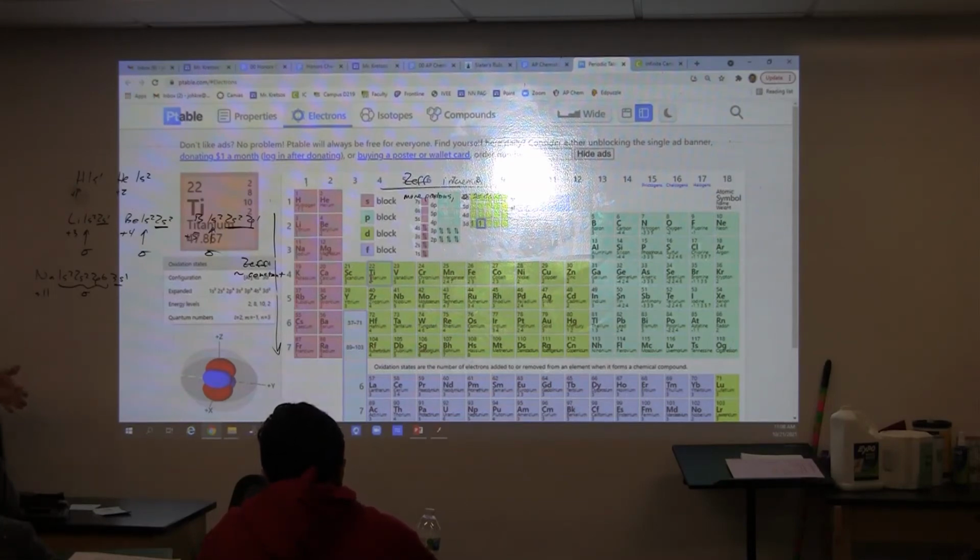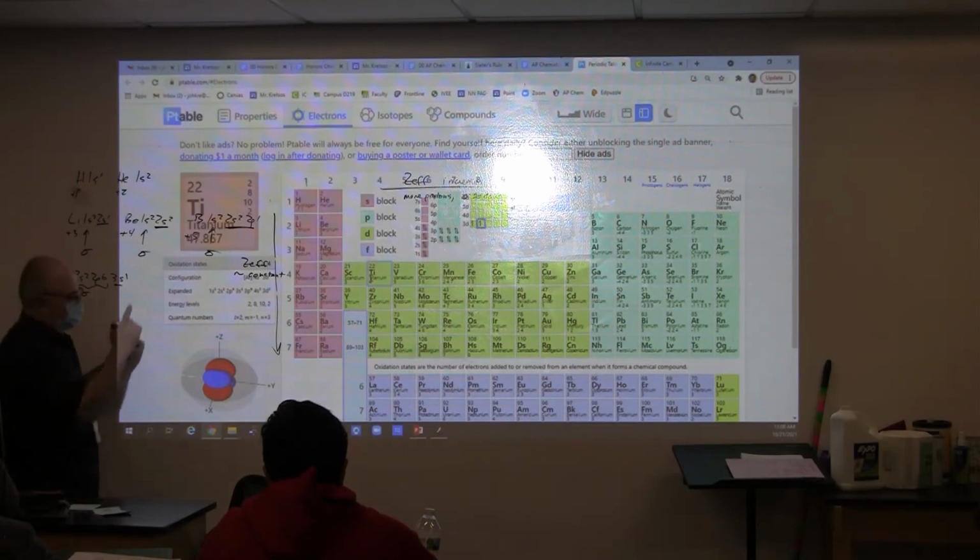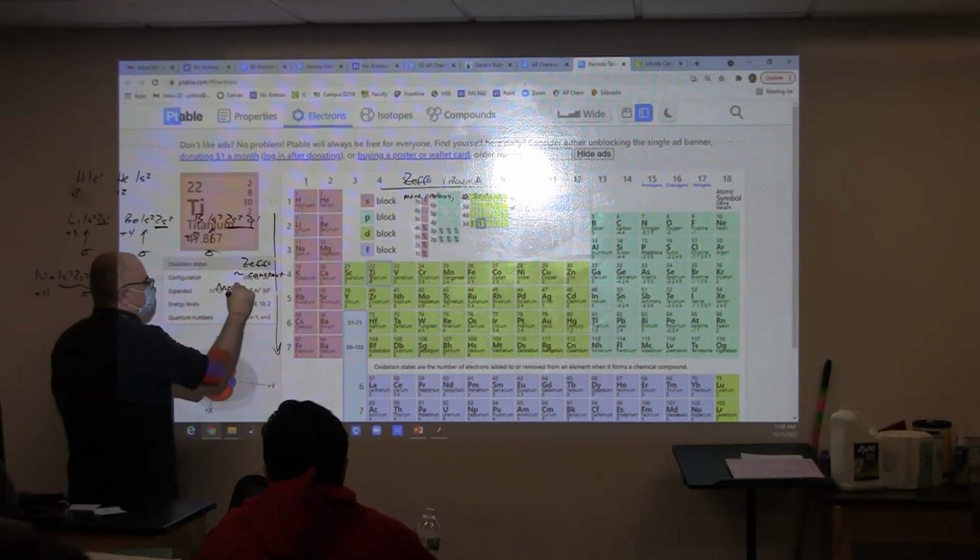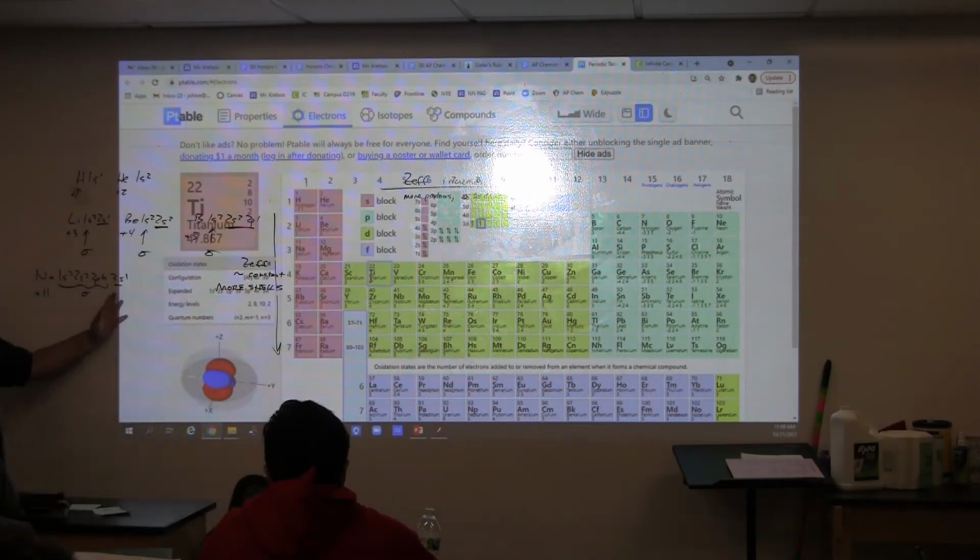Something else is going on that's affecting the force that they feel. What's the other factor? It's the inner shells, the number of inner shells, the number of core. More shells, which means the outer electrons are where relative to the nucleus? Farther away.